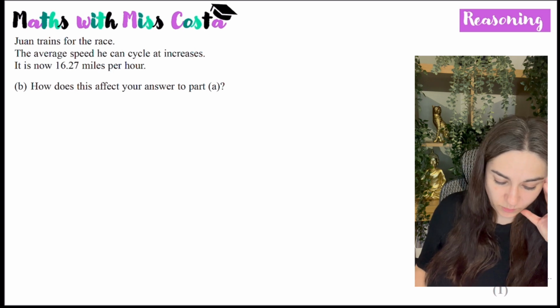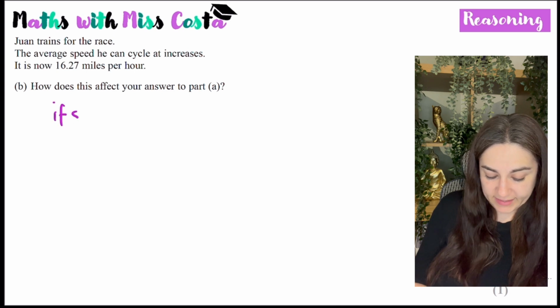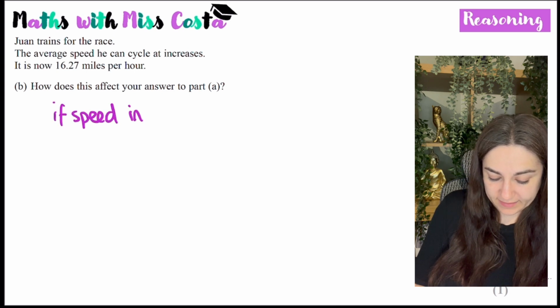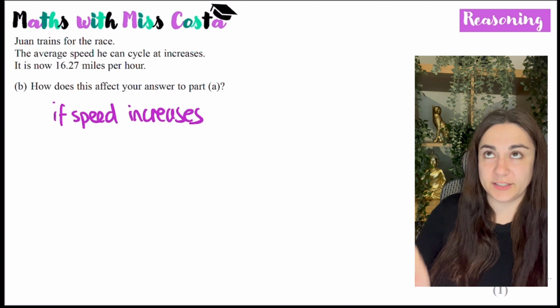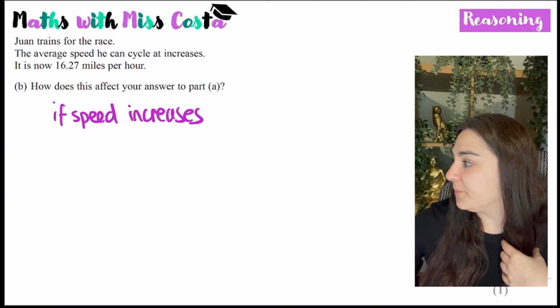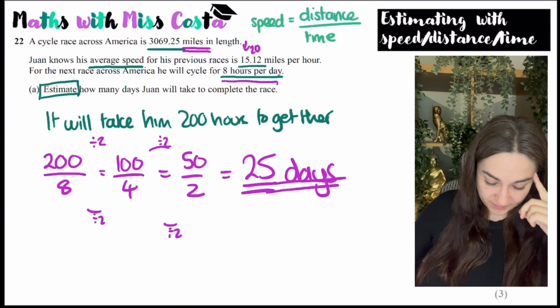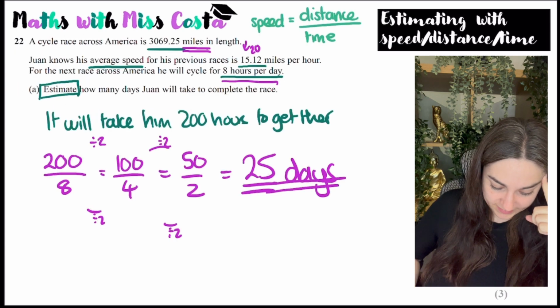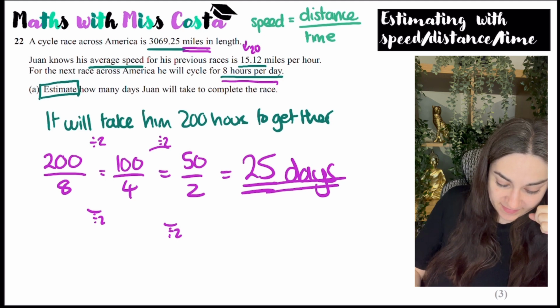Then I'm told that Juan trains for the race. The average speed he can cycle at increases. Okay, so if speed increases, generally, so whenever you have a reasoning question, just think, sorry, I just had a think about, if we did do this question and we did round it to, let's say, 20 and 10, that still would have been fine.